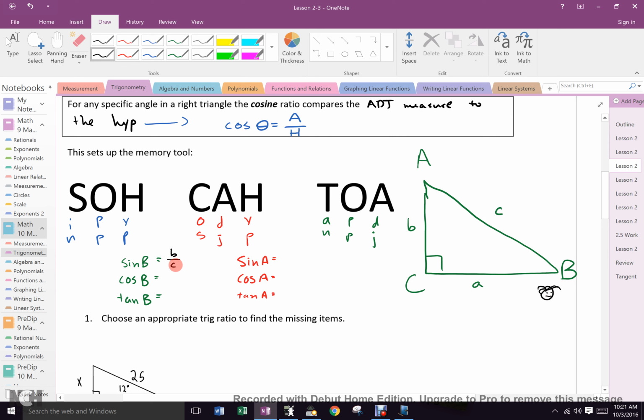Now in math class, we use letters to represent what? Numbers. So in a math problem, one of these or both of them is going to have a number, and you just use it. What is cos of B? Well, cos is adjacent over hypotenuse, so it must be lil a over lil c. And tan, you already know, is b over a.